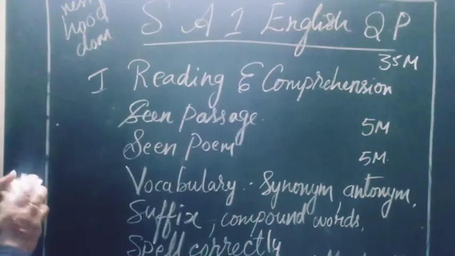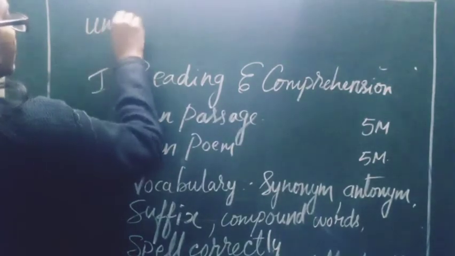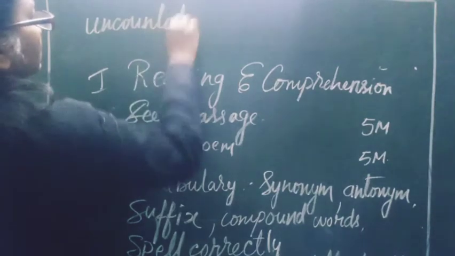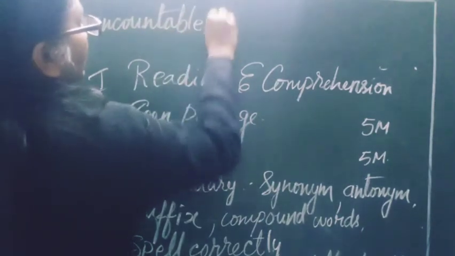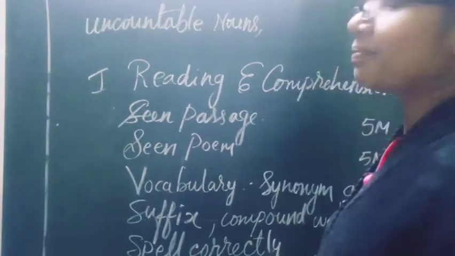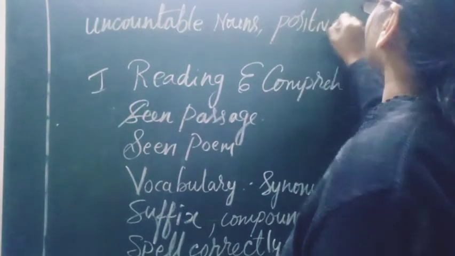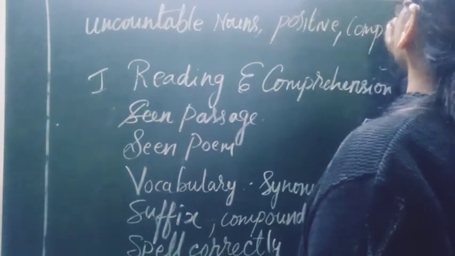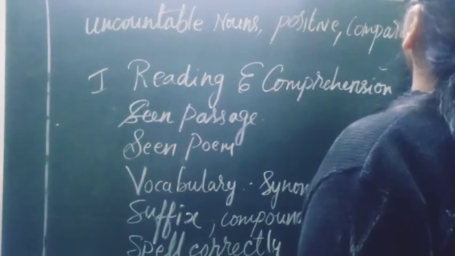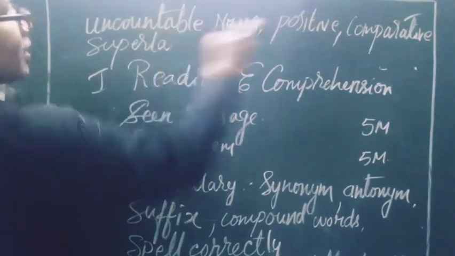Now let me write here in this way because you can't see there. Countable and uncountable nouns. And then degree forms, like degrees of comparison: positive, comparative, and superlative forms. You know this one, I think: big, bigger, biggest.